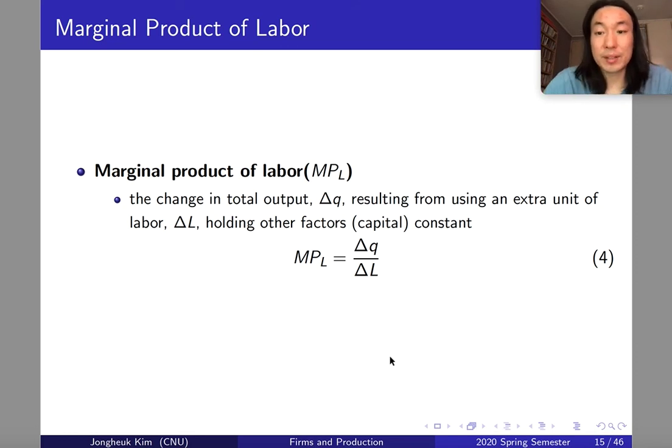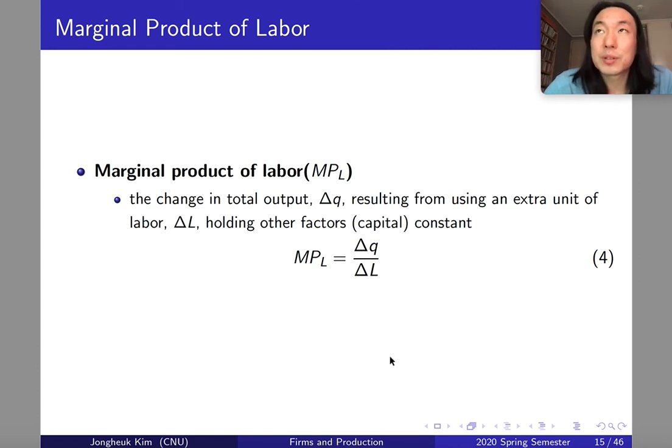So it is defined more mathematically, or more conceptually, like equation number 4. The marginal product of labor is defined by the change of Q over the change of L. So if you are more familiar with mathematics, it is just taking the derivative of Q with respect to L, or the slope of the production function.